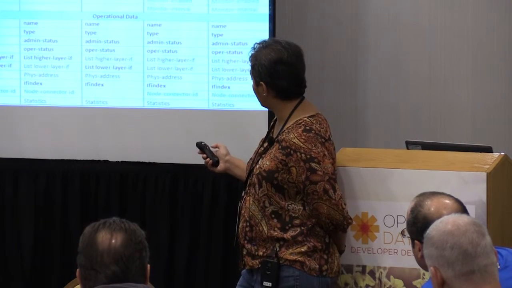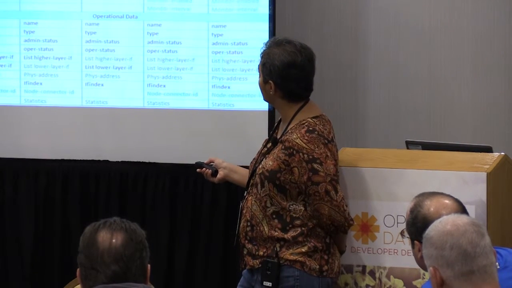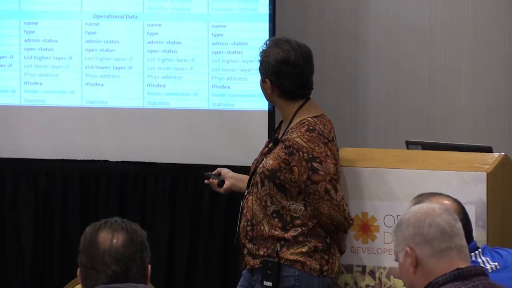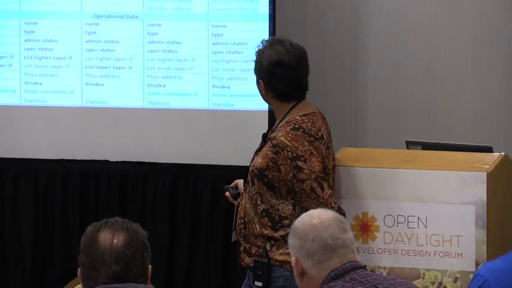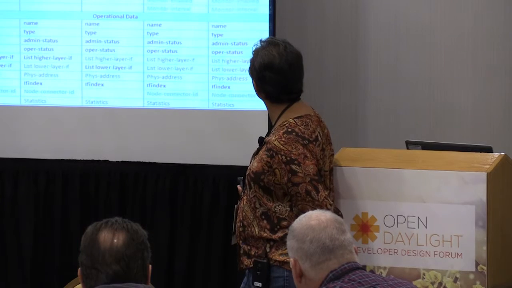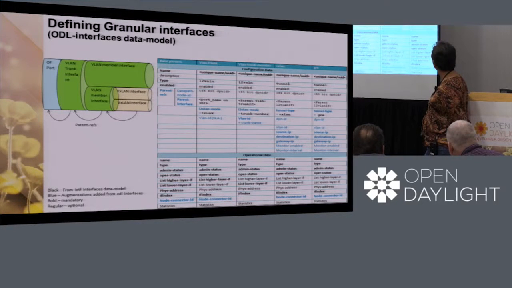And come up with relationships between all these different interfaces. Anything else I wanted to call out here? So this is what is in the interface manager model today in the VPN service, and of course this can be updated based on the needs of various projects.